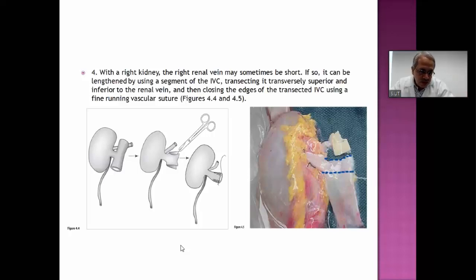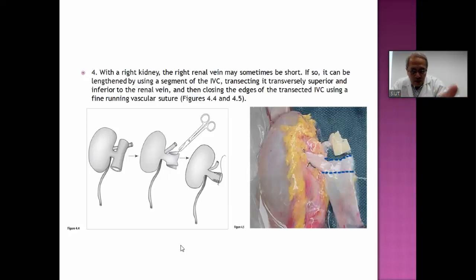So the excess tissue can easily be dissected out, cut with the scissors, and the vessel can be sutured down so that it has a very nice caliber to work with the vein. Whenever this kidney is placed in the iliac fossa, you make use of the common iliac vein or the external iliac vein.